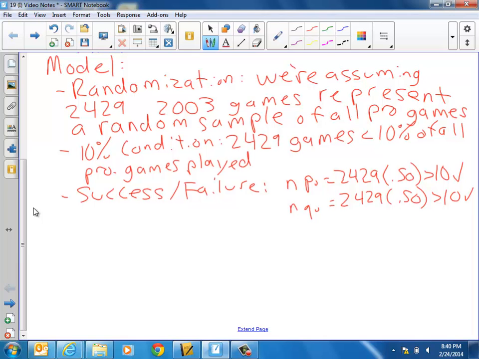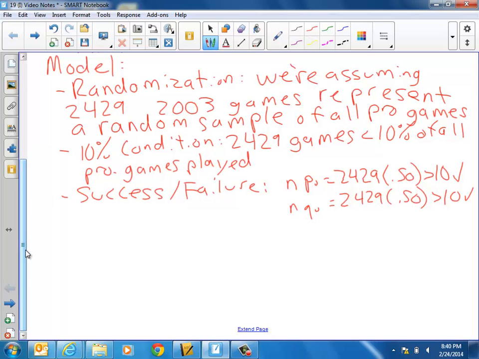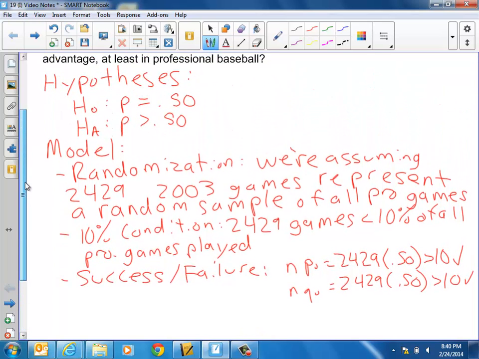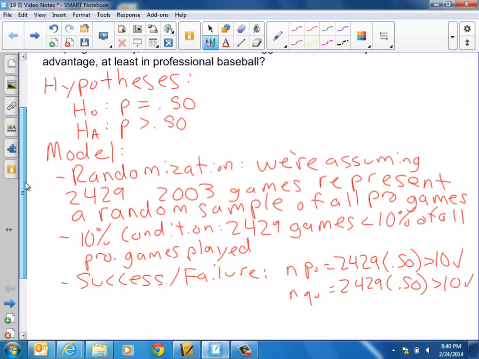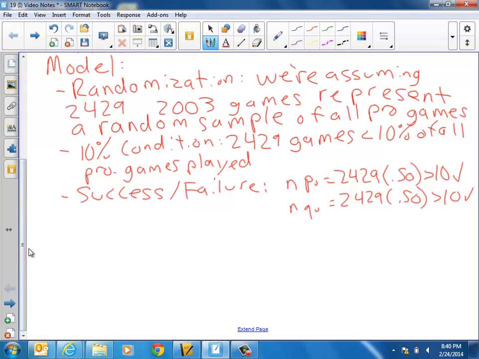All right, now for our model. This is a slight deviation from what we would have done in chapter 18. We didn't mention what model we were using in our null hypothesis in this courtroom case. We need to mention to the courtroom what the model we're using is. And throughout this entire chapter, it's the same one in chapter 20. So that's kind of nice. If you can remember this, you'll be good throughout the whole chapter. It is the one proportion z-test.